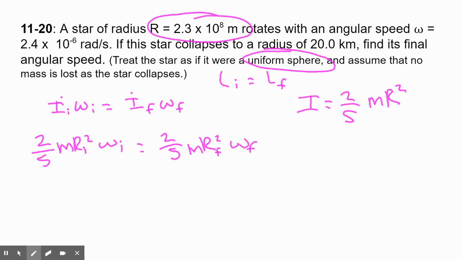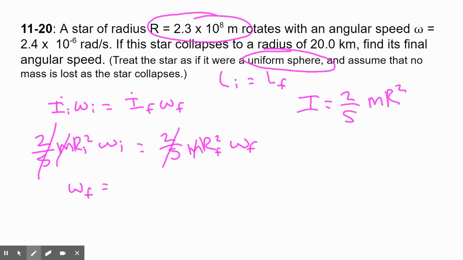And then our final speed. Some of this information is going to cancel out very nicely. So let's get rid of the parts that cancel out. So this is going to cancel. Mass is going to cancel. And that's going to leave us with radius and angular speed before and after. We want to know the final angular speed. That means we're solving for this.